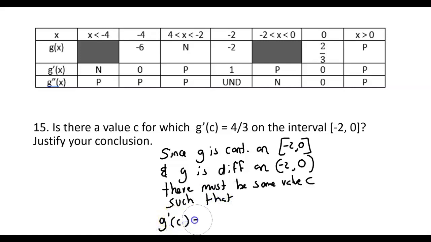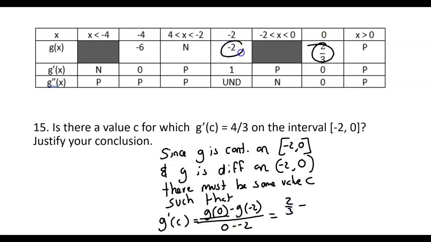G prime of c is going to be equal to G of 0 minus G of negative 2 over 0 minus negative 2. Now G of 0, that's the y value that goes with the 0, which is 2/3.